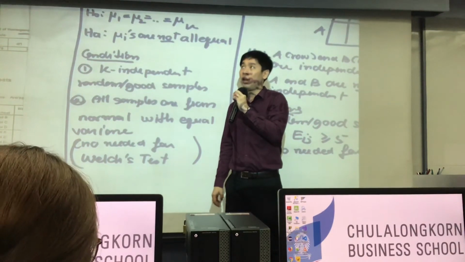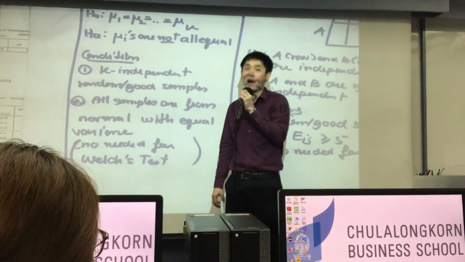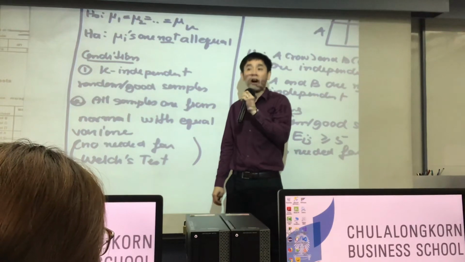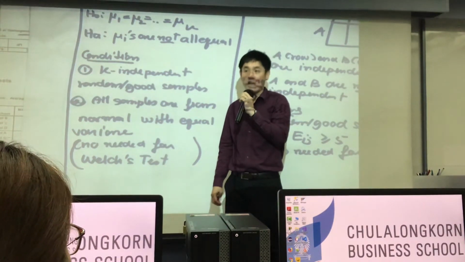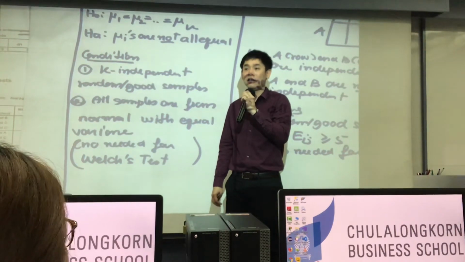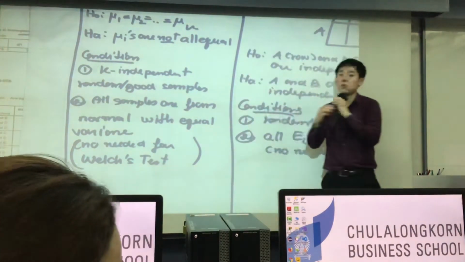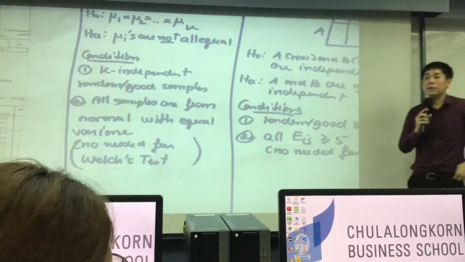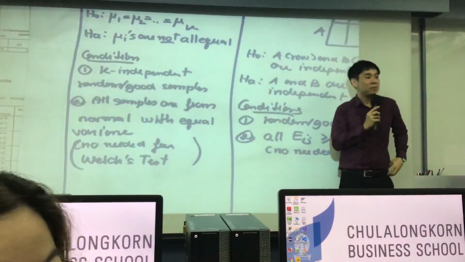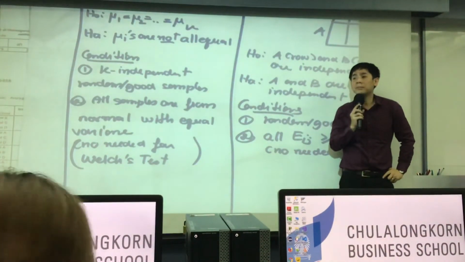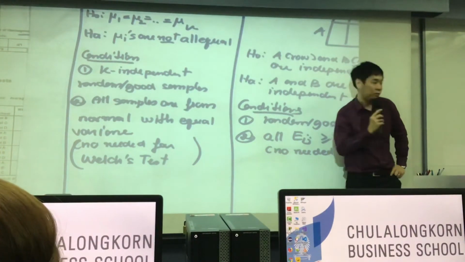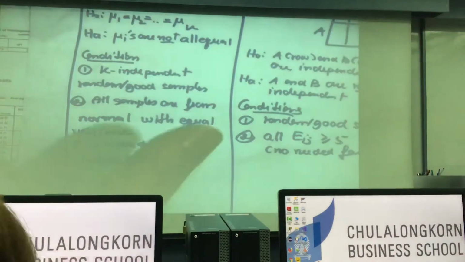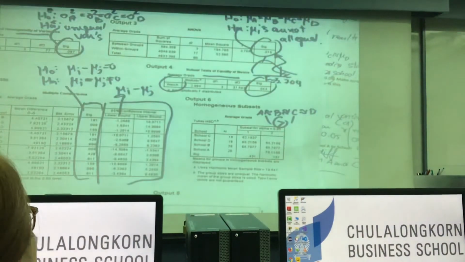Most of the time, a test that requires more conditions, when the conditions are met, always has more power to detect HA. That's why we want to use ANOVA first. Any question? Okay, so that's for ANOVA, right?